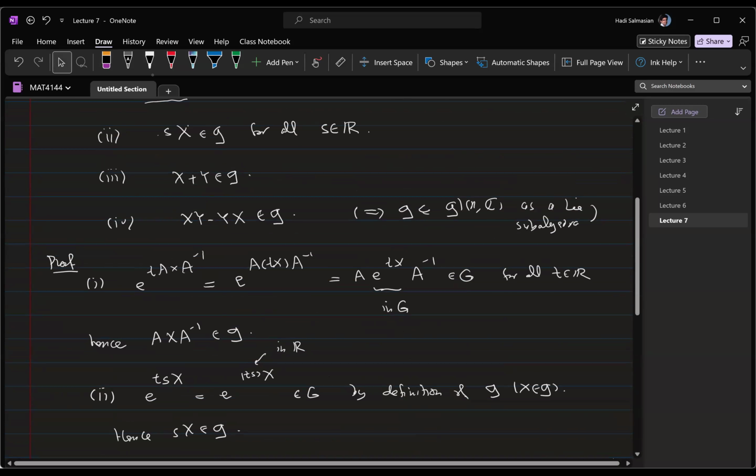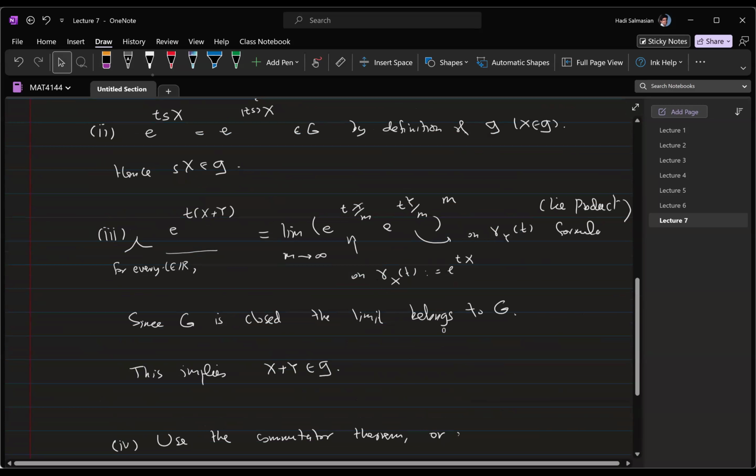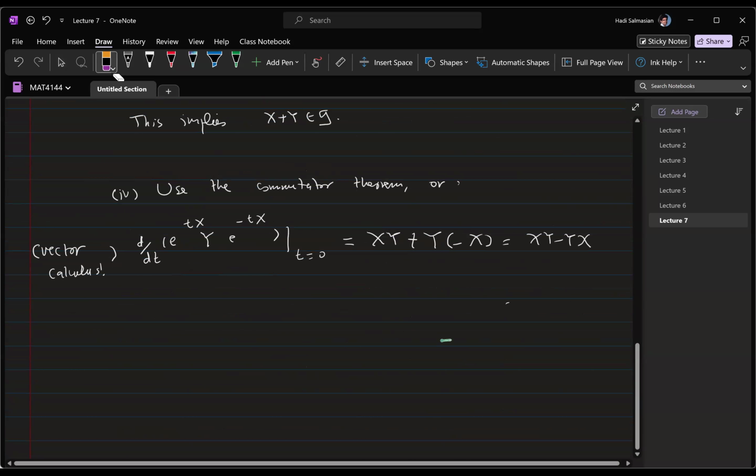In part 1 we showed that there is conjugation invariance of curly G under the group G. So e to the tx, y, e to the minus tx is in G by part 1, because x comes from curly G, so e to the tx is in capital G, and this is just its inverse, so also in capital G. So this whole quantity that we are differentiating lies in the subspace G.